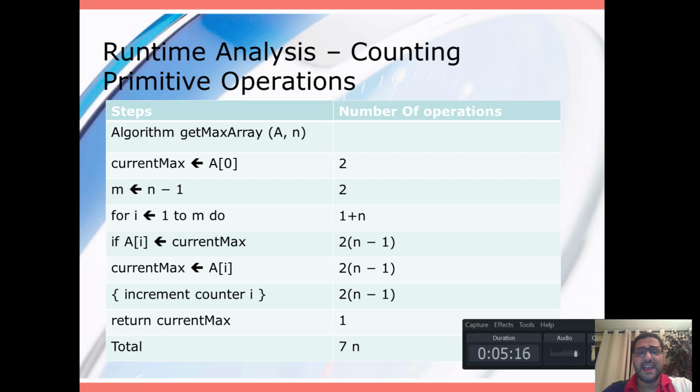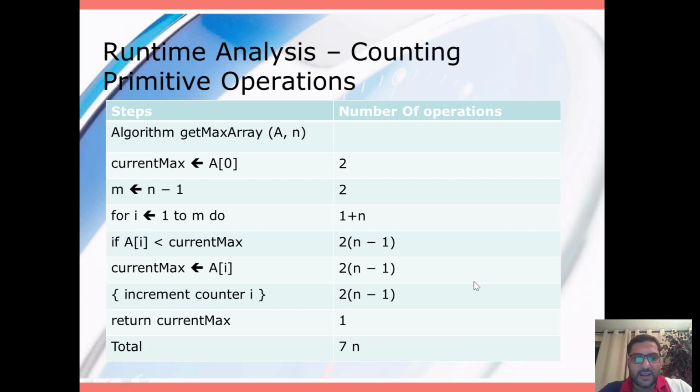So basically n minus 1, because I am starting from 0. Then I have a for loop for i equals 1 to n. Why did I start from 1? Because I already had an operation that makes the current max equal to A of 0, so I'm going to start from A of 1.